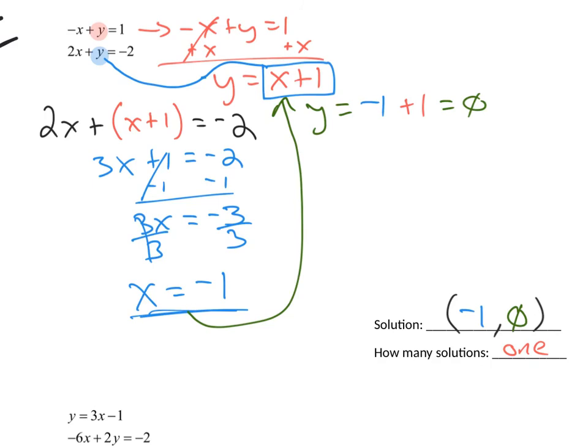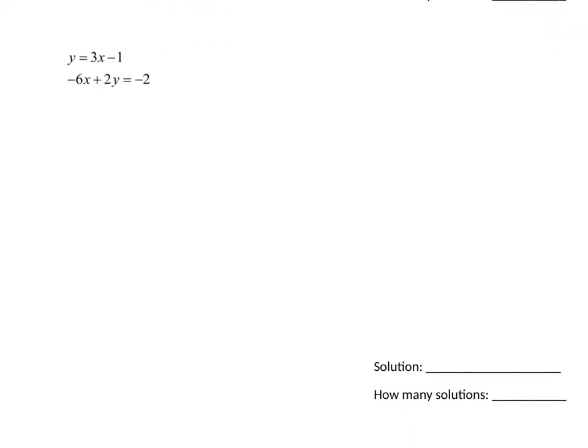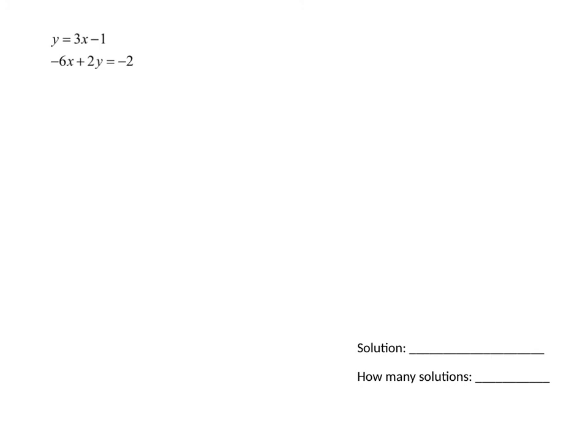All right, the last example down here is going to be one of our special kinds of answers. What's cool, though, is we already have a variable by itself. Do you see it? I hope you do. That y is by itself. That means I could jump into my substitution. I could take this 3x minus 1 and substitute it in for the y down there.